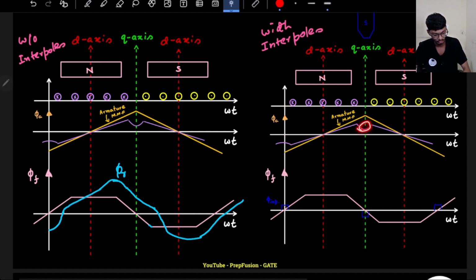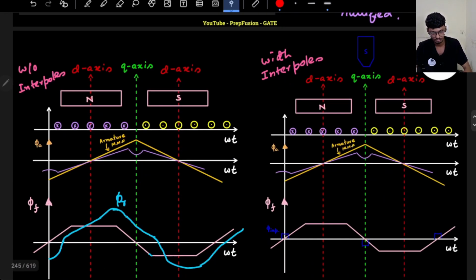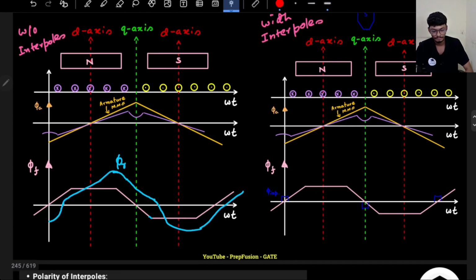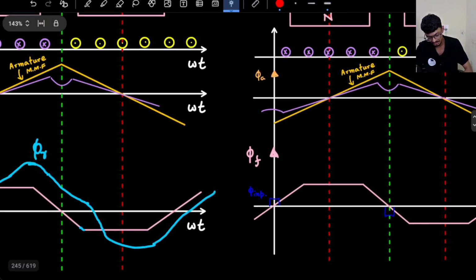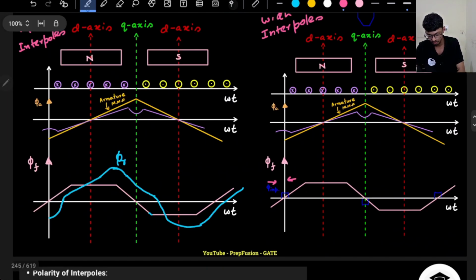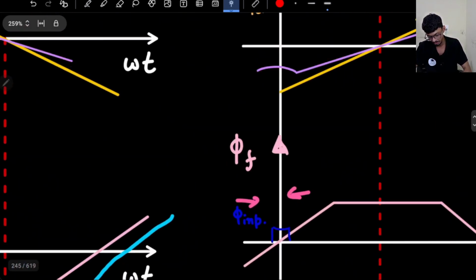If armature flux is positive, this will be negative, and if armature flux here is negative, this will be positive. The direction will be opposite to the armature flux, to cancel out the armature reaction. And it is localized, it is only present in this very narrow region, not throughout the mechanical angle.